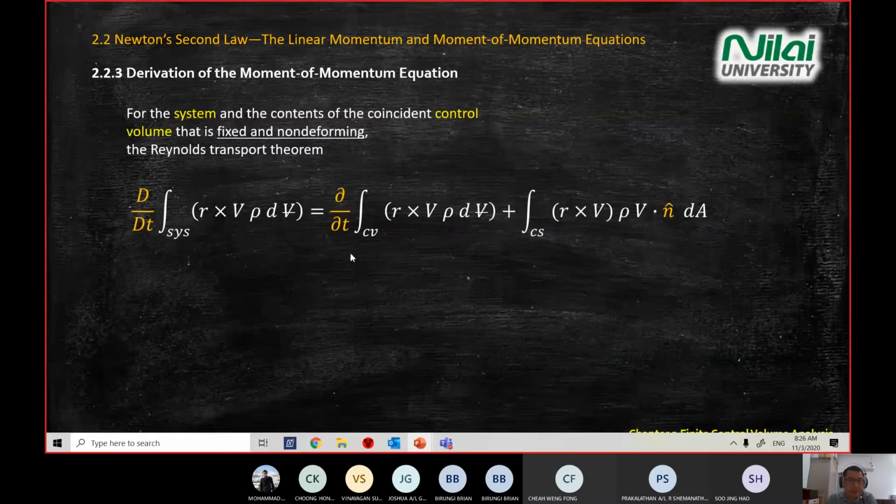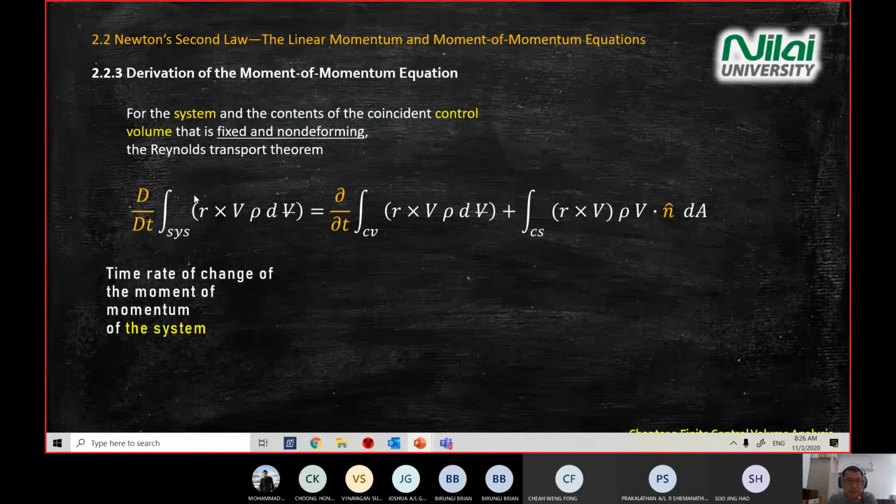All right. Now, the equation that you look at in question 32, this lengthy equation, d over dt in the system equals d over dt in the control volume plus the control surface, what happened inside there. On the left-hand side, this component represents what happened in the system.